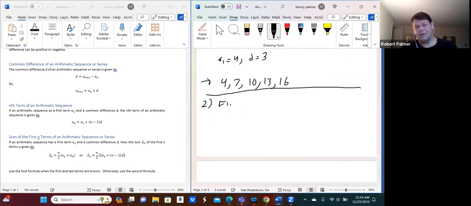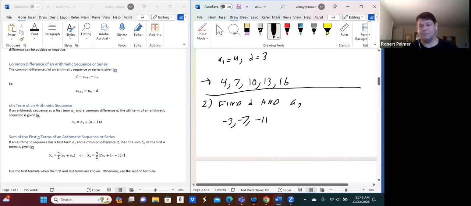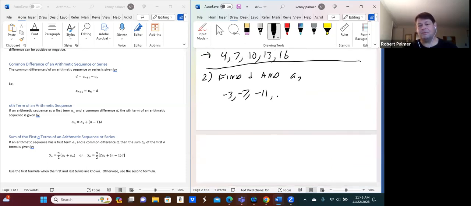Let's find d and let's find a of 7. Let's use a sequence here: -3, -7, and -11. Well, first off, we need to find our common difference, find d.